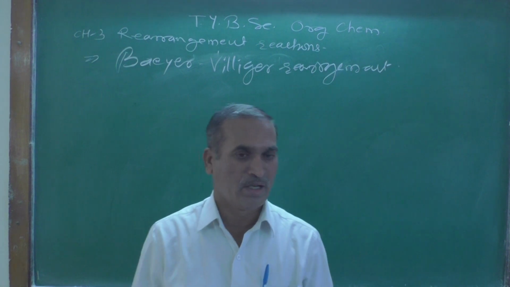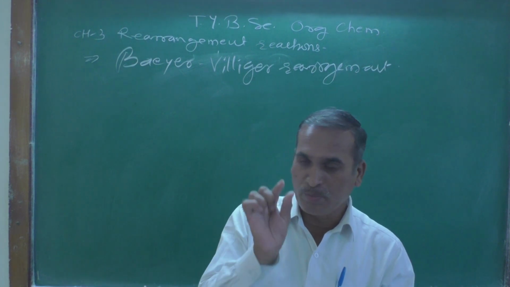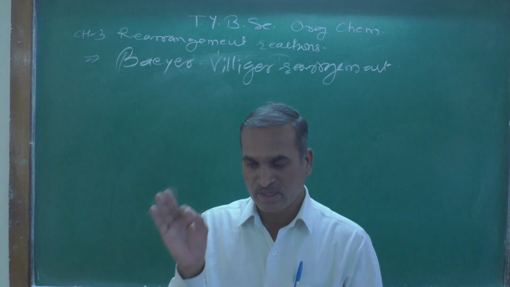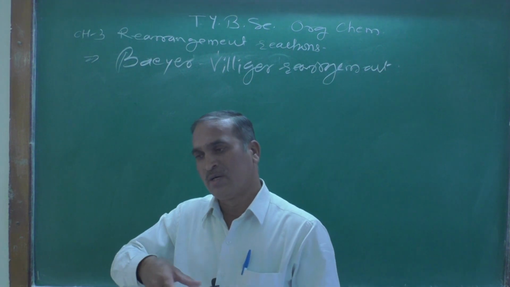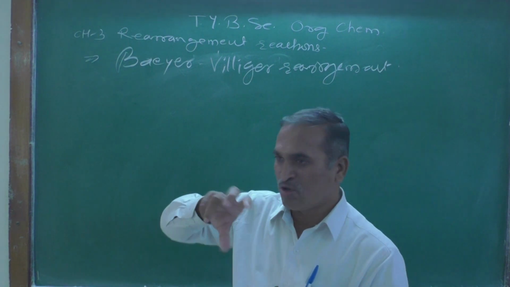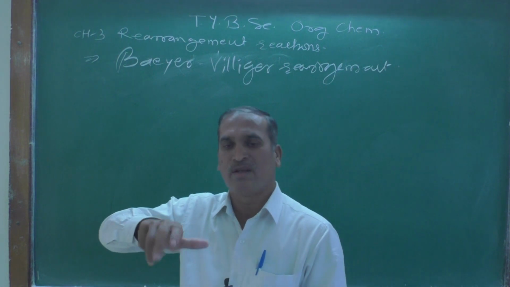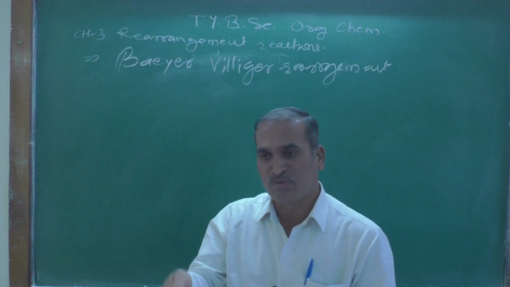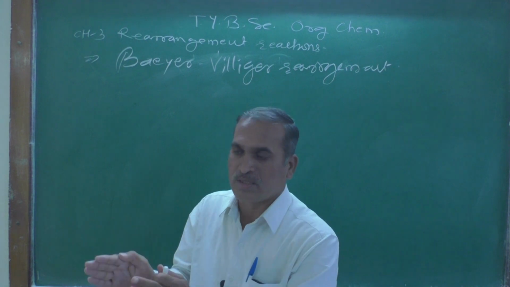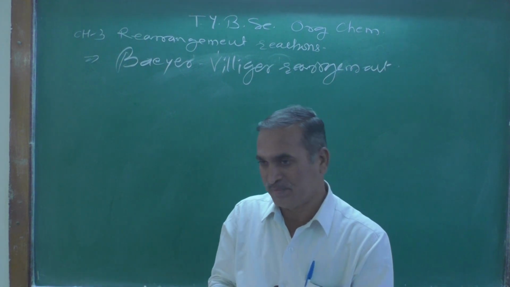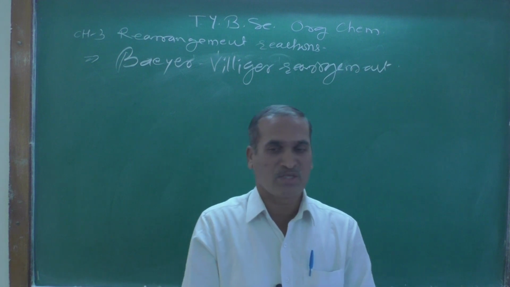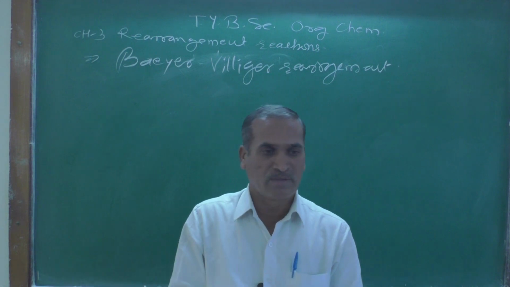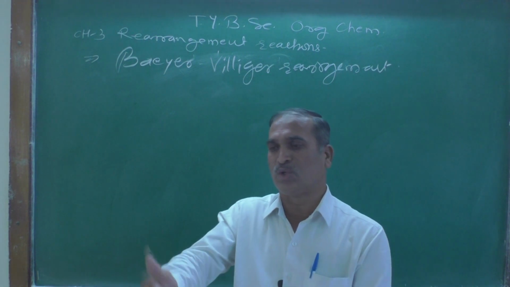So these are the general points you should remember as far as the Baeyer-Villiger rearrangement reaction is concerned. How the atoms are rearranged, how systematically the carbon atom gets oriented, we will see while discussing the mechanism. And as we know, mechanism means a detailed study of the sequence of steps involved in the conversion of reactant into product.